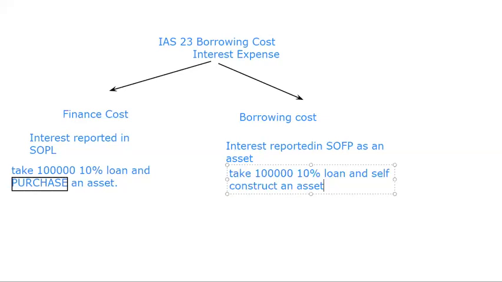If I take a loan and pay salaries out of it, that is not a borrowing cost. That is outside the scope of the standard. This standard relates to a loan that is used to purchase or construct an asset. That is borrowing cost. So you have to self-construct an asset for interest to be recorded in the balance sheet, or added to the cost of the asset.